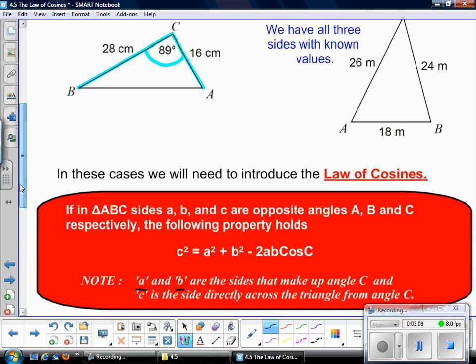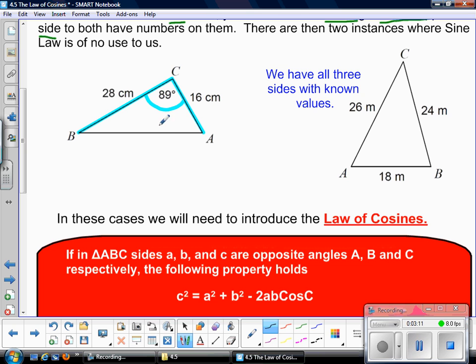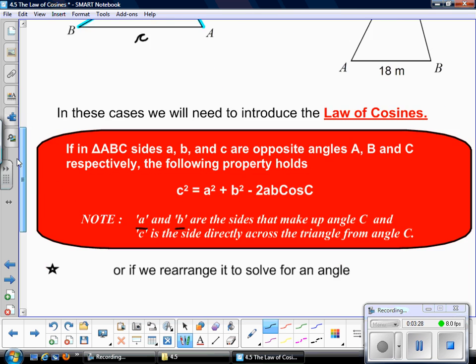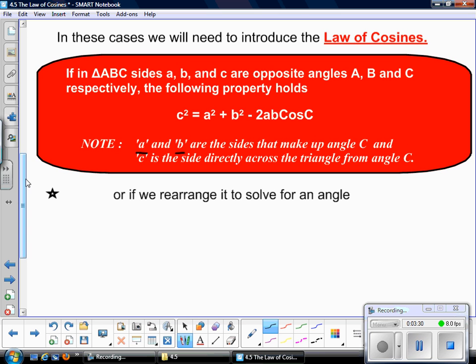Okay, so a and b are the sides that make up the angle C. Just like in this situation, I know these two sides, a and b, and c is the side opposite those two sides, and this would be little c. So I can use the formula to find this side length c if I know angle C. Now, another thing, you'll notice I've got a star here: if we rearrange this formula, we can use it to solve for an angle.